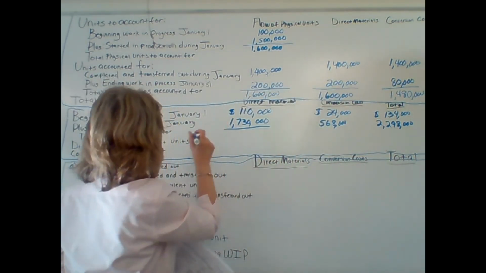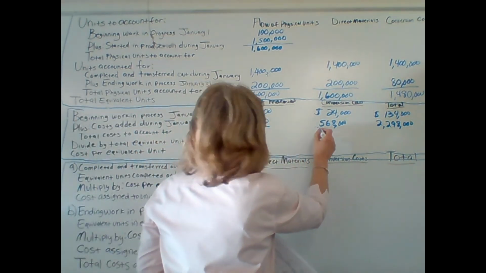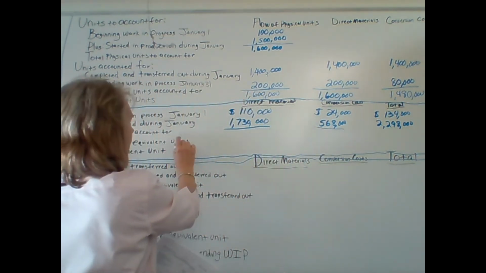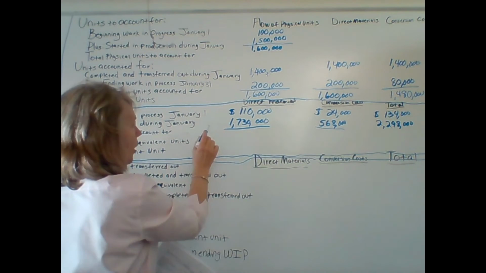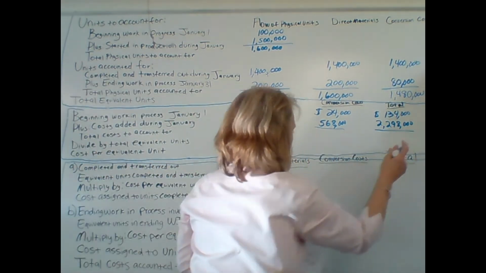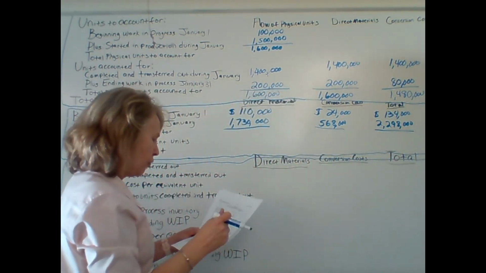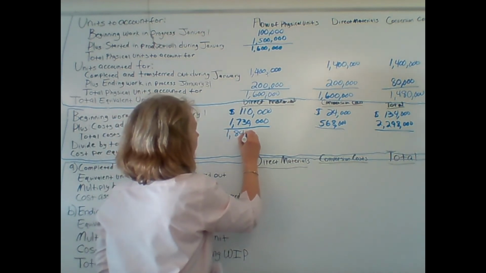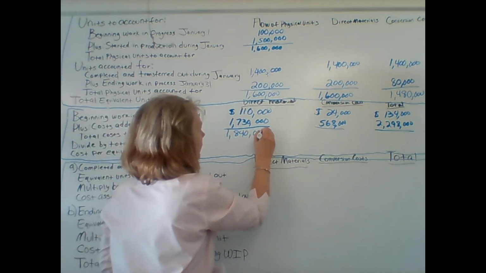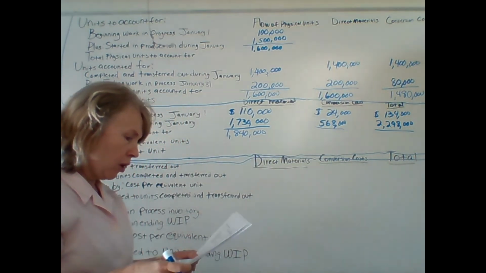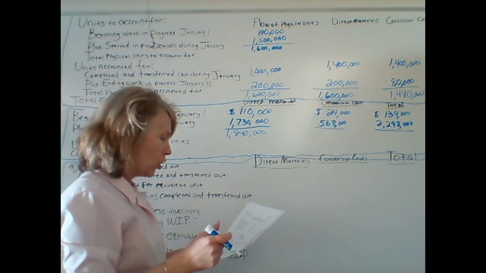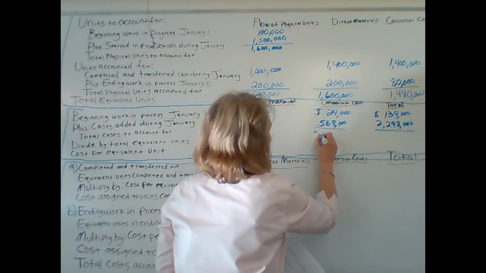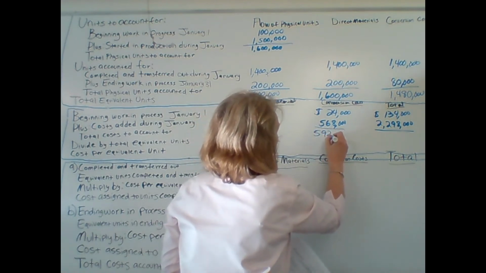All right, now I'm going to total these up, and this is going to be my total cost to account for. So my total cost to account for direct materials is 1,840,000. My total cost to account for conversion costs is 592,000.